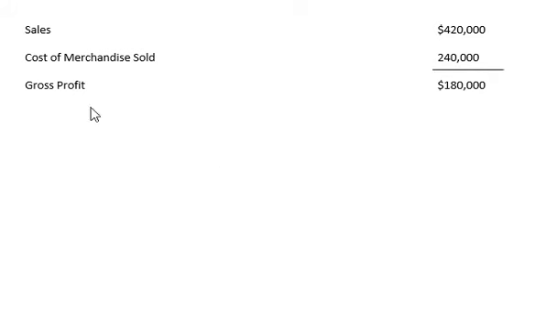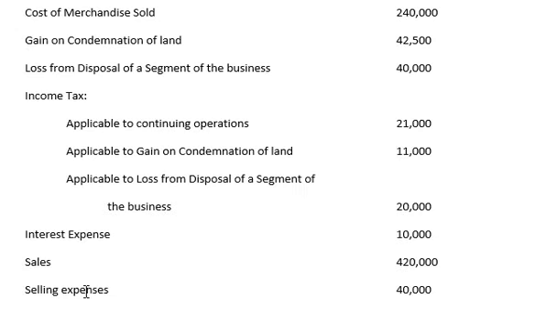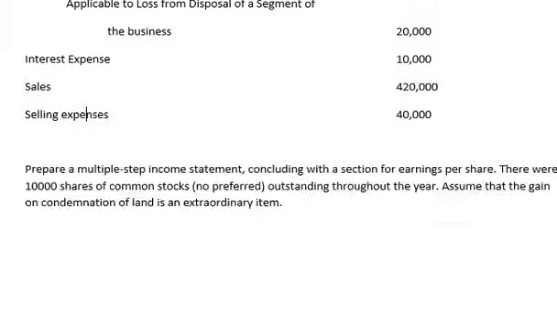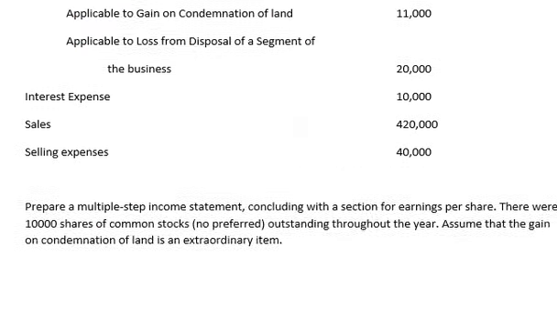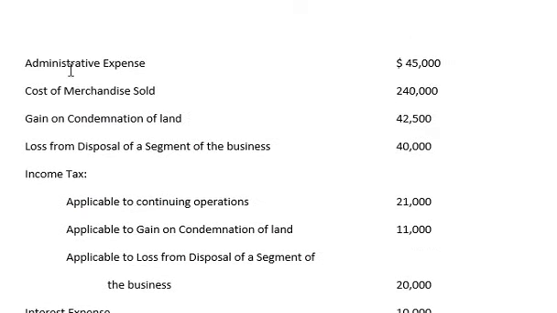Now I will go to the next one, operating expense. In operating expense, we need to find all of the items they write as expense. For example, this one and this one. So we have three expenses in here. But for operating expense, we use only selling expense and administrative expense.